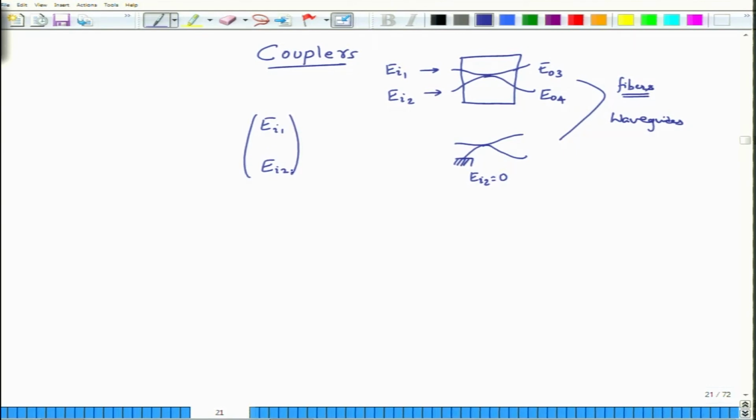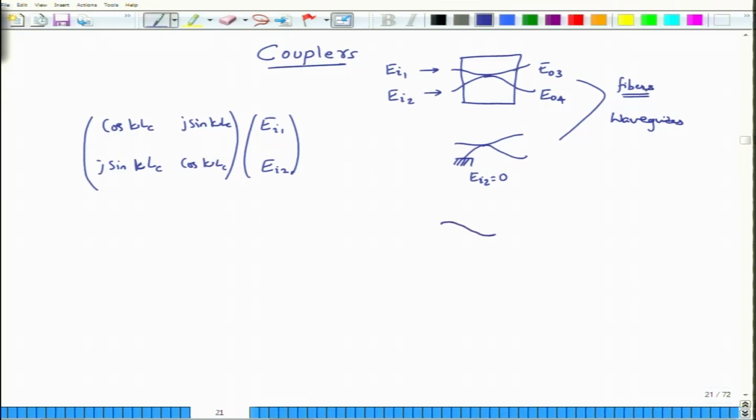We can collect them together to form a vector, and then, without telling you how this comes about, I am just going to write down the characterization matrix. So these are cosine kappa LC and sine kappa LC, where LC is called the coupling length.